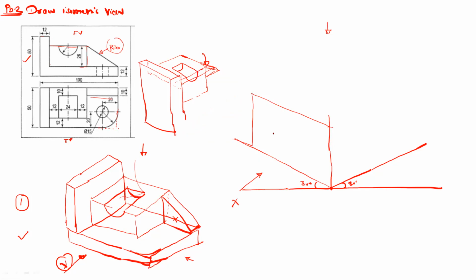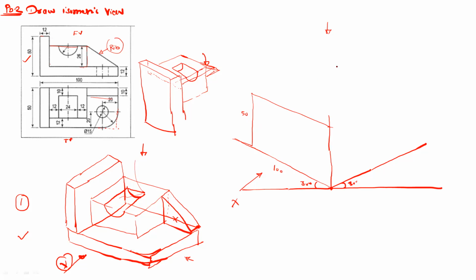So this is the rectangle that is visible in the front view with dimension 100 and height 50 mm. Do not give the dimensions in the isometric view. This is just written for your reference.